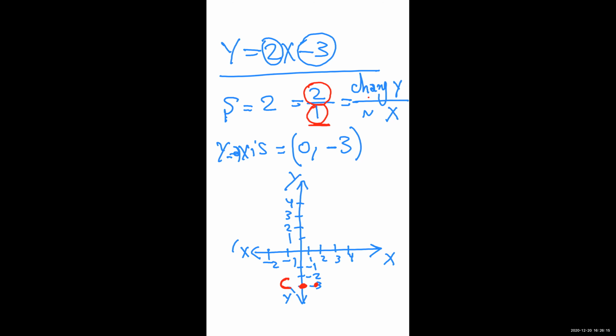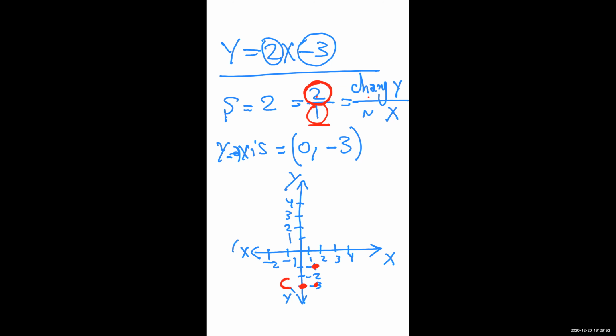Concentrate with me well. Then we are going to move 2 positive units in the y direction. So this means we are here at -3. Then I'm going to move vertically 2 positive units. So it was at -3, so with 2 positive units it will become -1 here. So this will be the second point, guys, right?